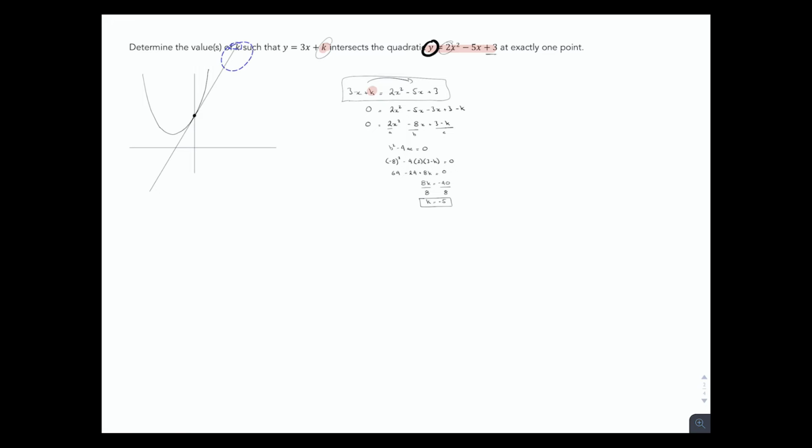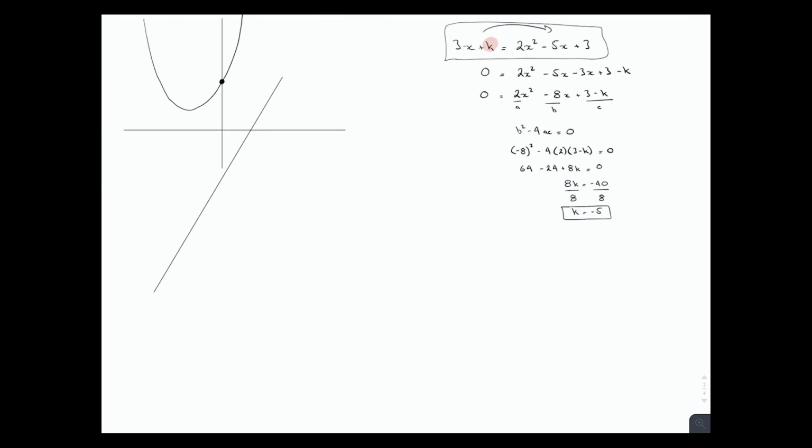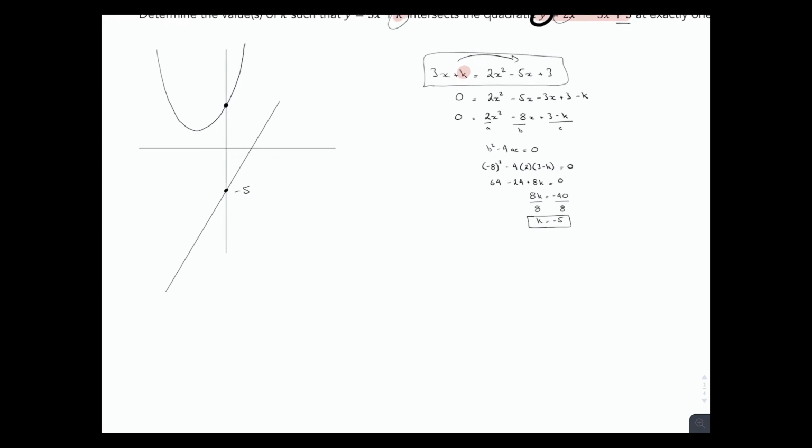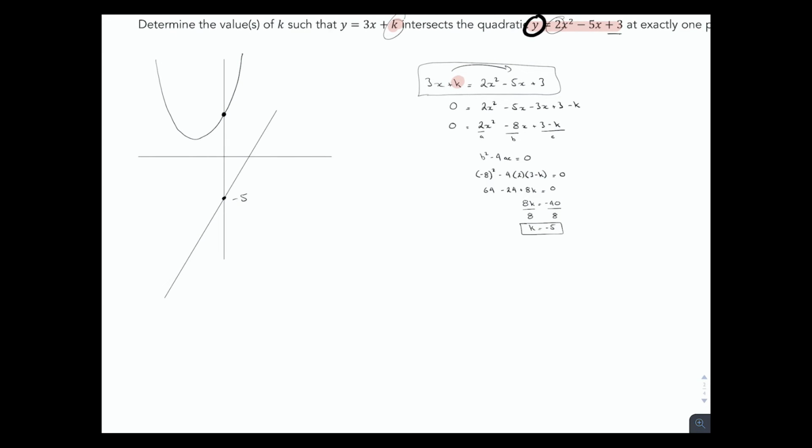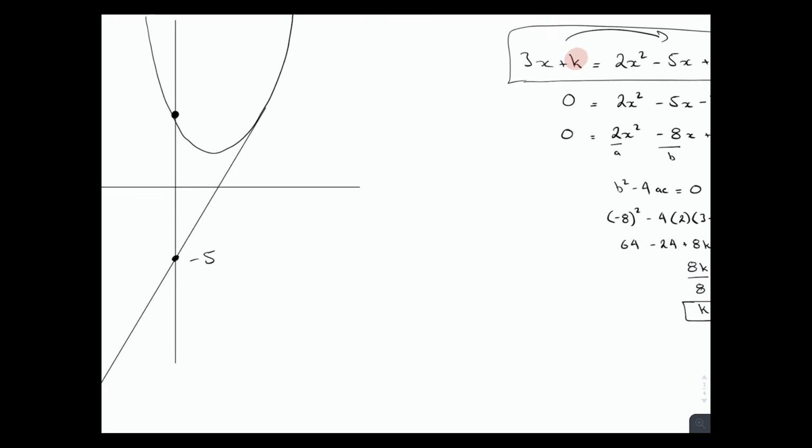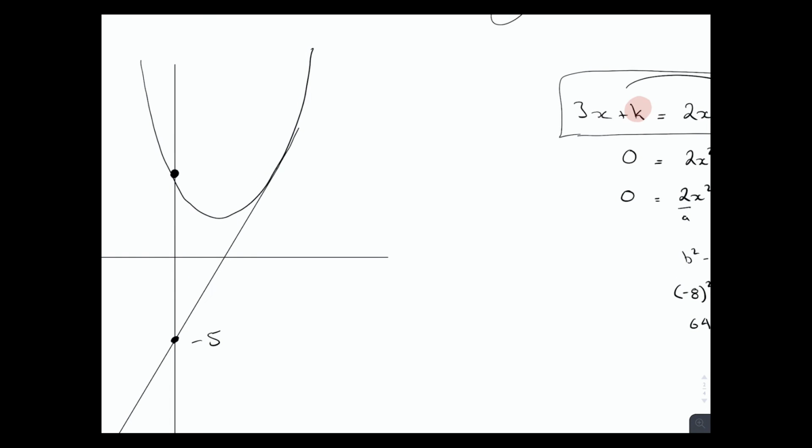So this line should really be somewhere down here, where the y-intercept is negative 5. And this parabola, I don't know exactly what it's going to look like other than it passes through 3, but it's going to be something like this. I'm just eyeballing it. This is not exact at all. If you want to see what it looks like, go to Desmos, graph it in, and you'll see. But it looks like roughly over here, we will get our point of intersection.